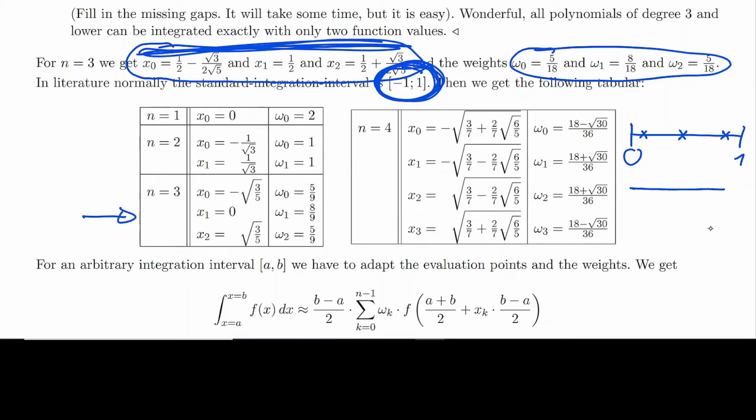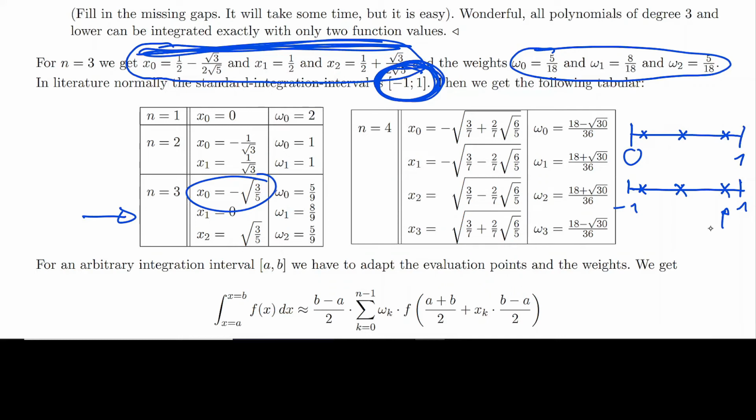So here we have minus 1, 1, and 1 point is the 0, and 1 point is that one, and this one is that one. This is the square root of 3 divided by 5, so the square root of 0.6 and minus that value, and then also the square root of 0.6 with a plus.